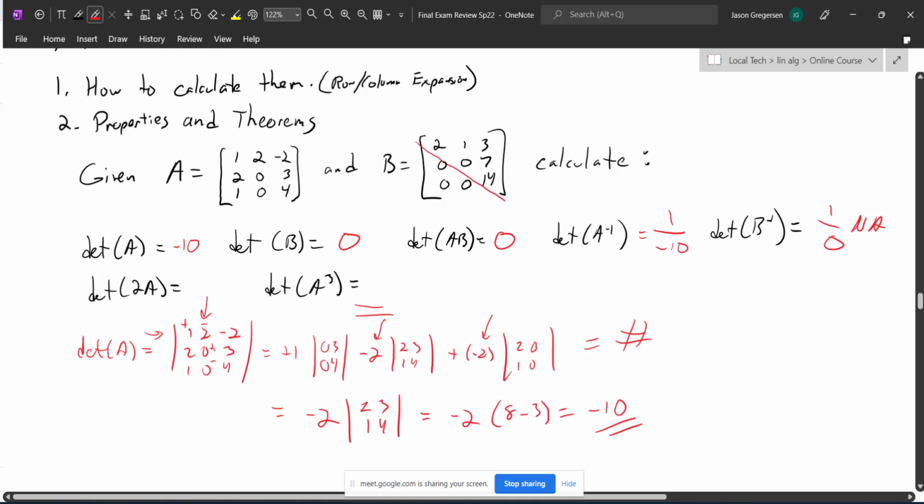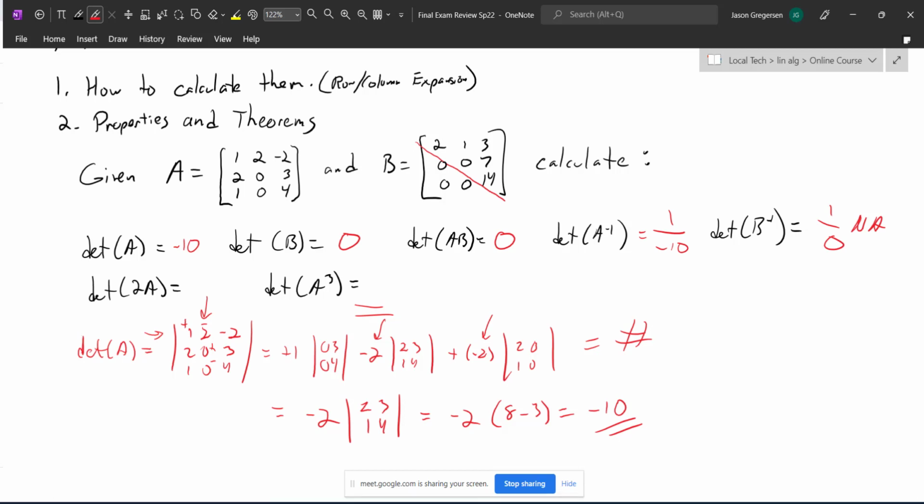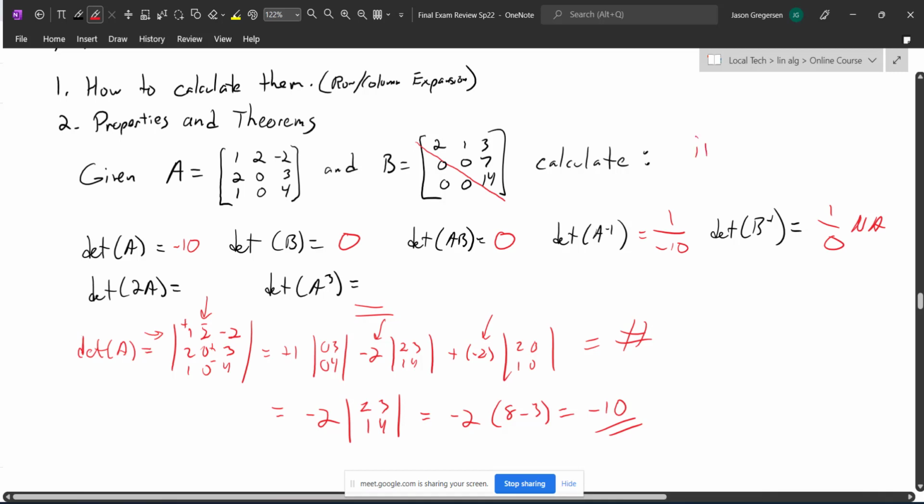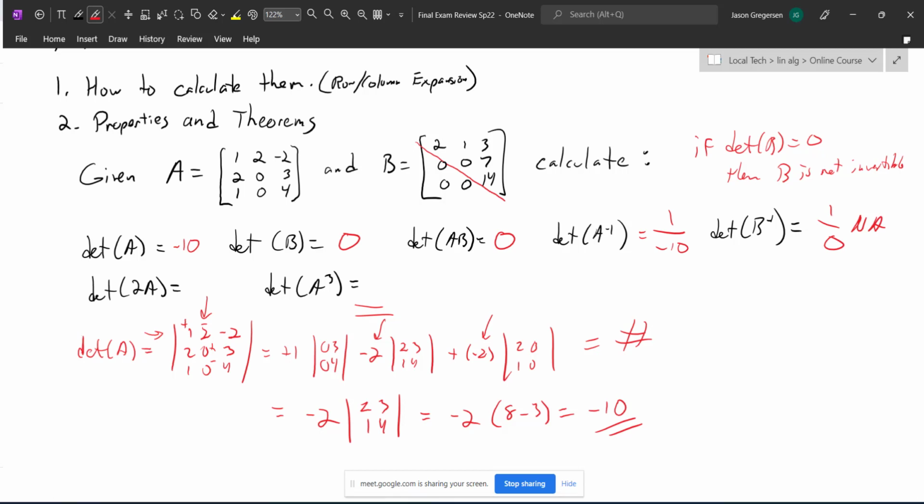And that also reminds us of one of our core theorems about determinants that says if the determinant of a matrix is equal to 0, then the matrix is not invertible. So in this case, I can't calculate the determinant of B inverse because B inverse doesn't exist.